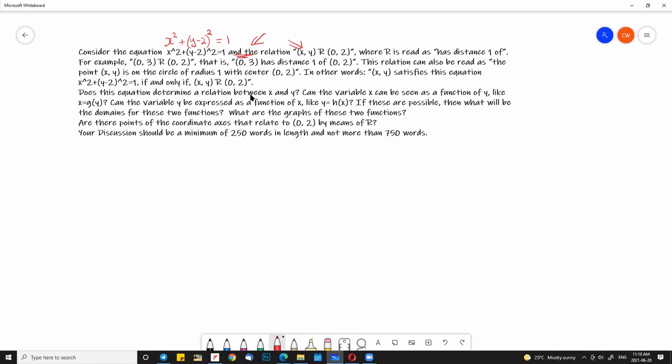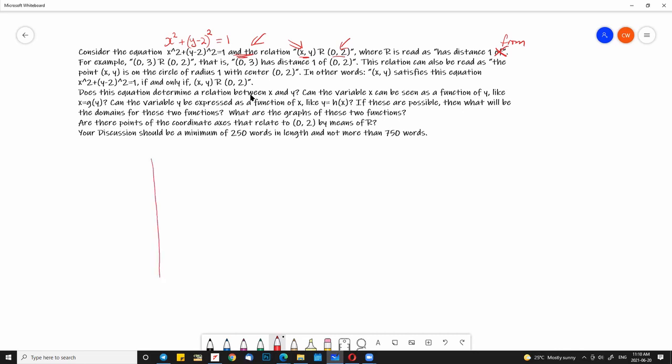So (x, y) has a distance 1 of, or really should be from, (0, 2). Now anything that has a constant distance from a point is where we know it's a circle.